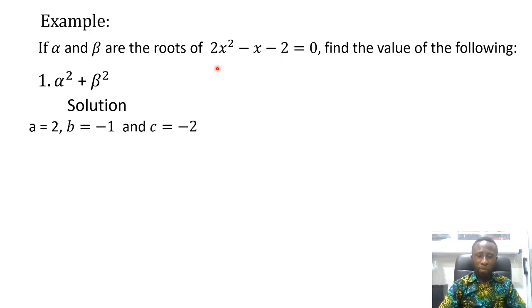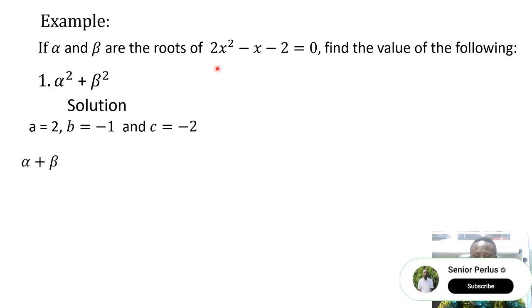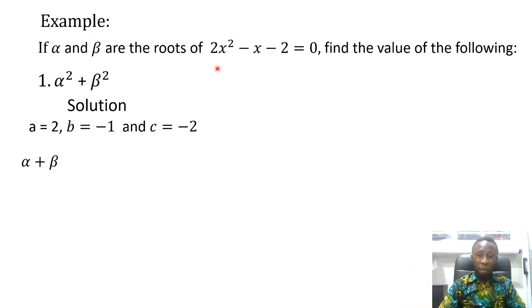So our sum of roots, that's alpha plus beta, is negative b over a, which we have proved in our previous video. So you can go there and look for it. So negative b over a, we know our b and a. Therefore, our answer is 1 over 2.